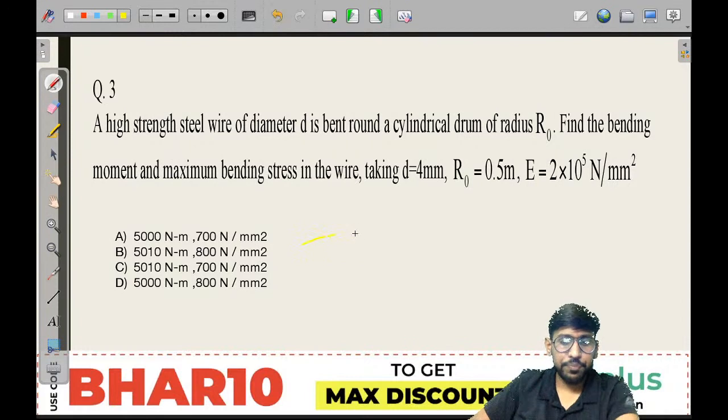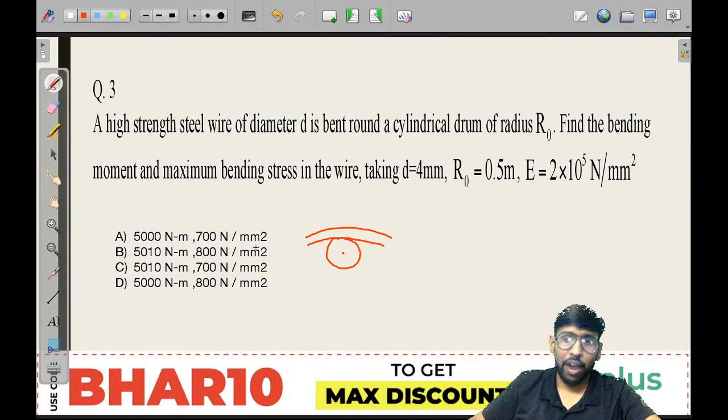This wire is bent in the form of an arc around a circular drum, so obviously the wire will move along the drum.